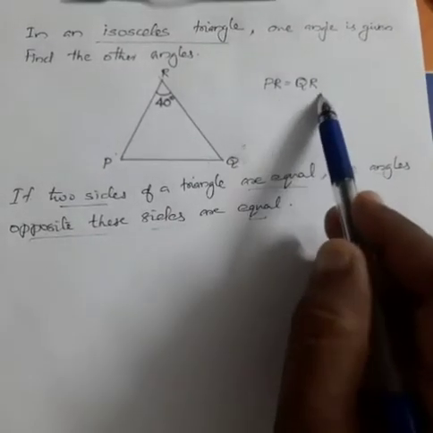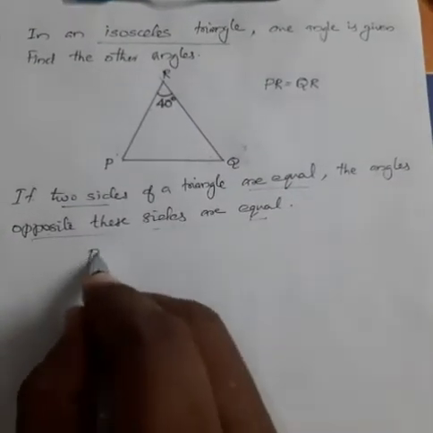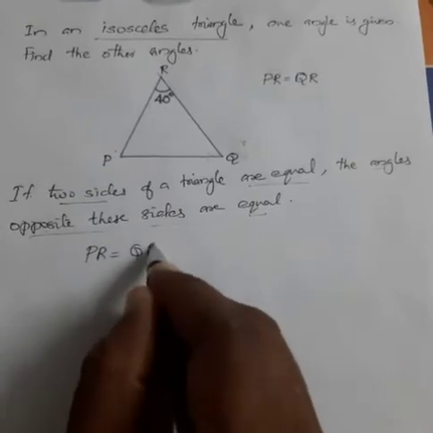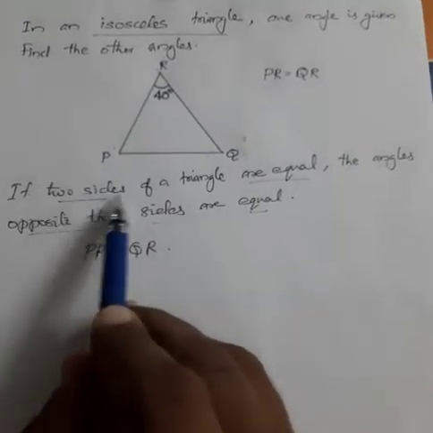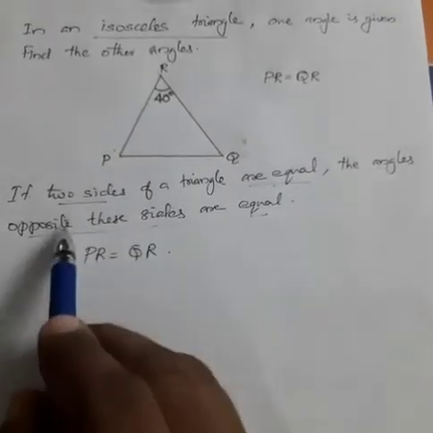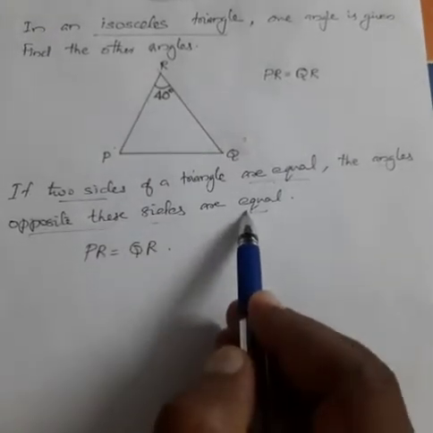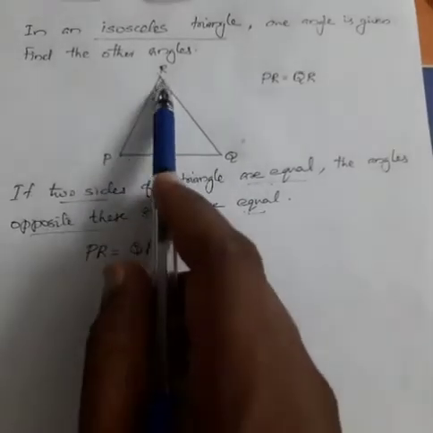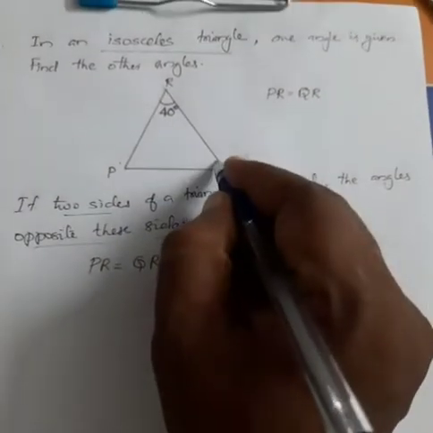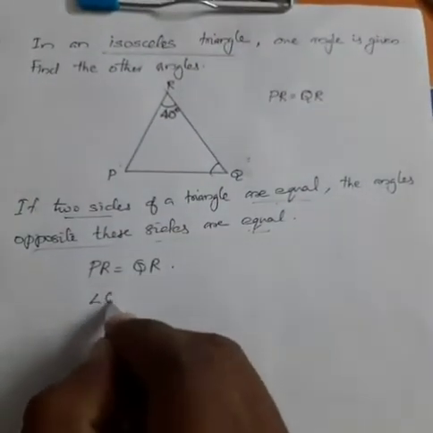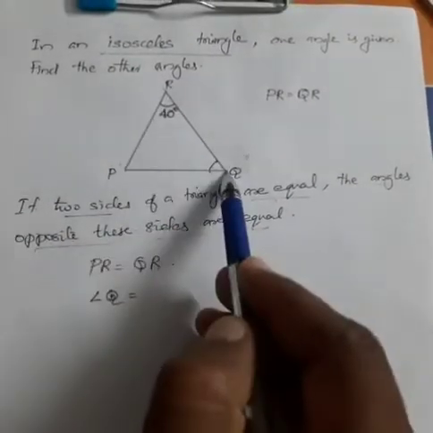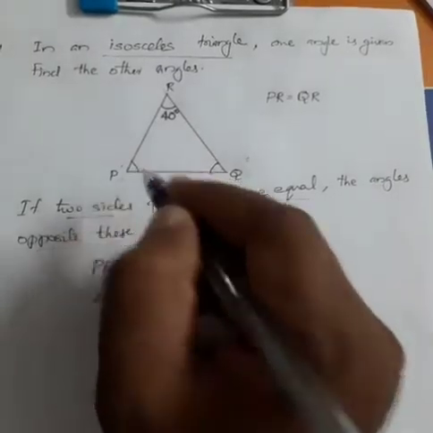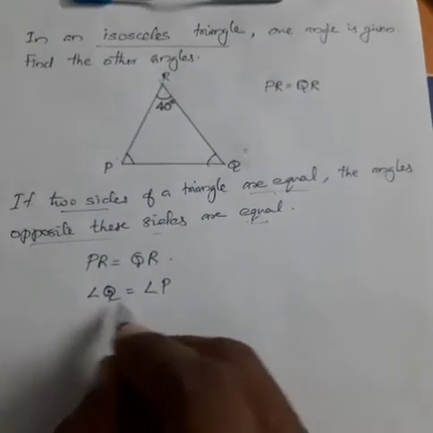So PR is equal to QR. And see the principle, if two sides of a triangle are equal, the angles opposite to these sides are equal. So opposite of PR is angle Q. Then opposite of QR is angle P. So angle Q is equal to angle P.